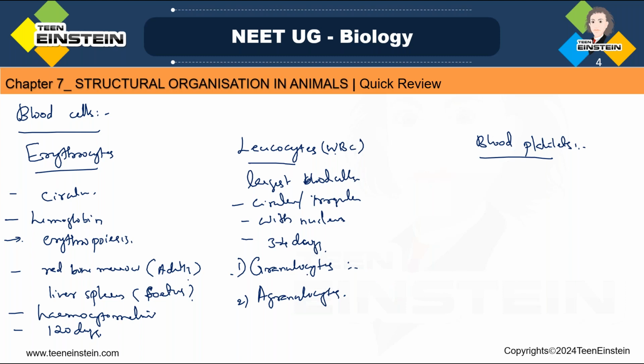And these neutrophils stimulate the production of interferons and antiviral substances. Which one? Neutrophils.